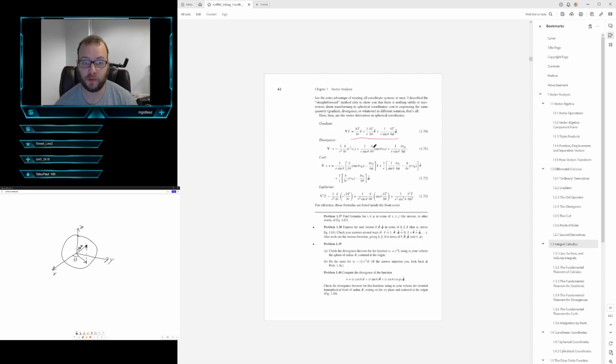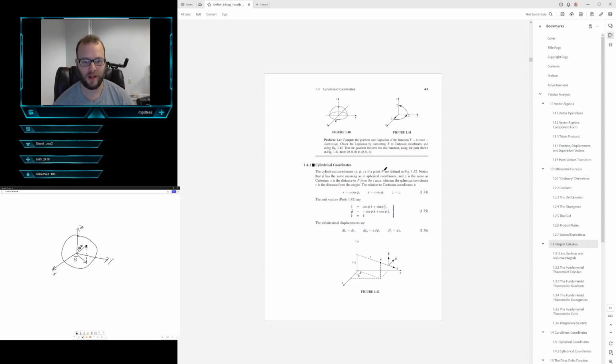Here we have the gradient, the divergence, the curl, and the Laplacian in spherical coordinates. You should never have to remember these. You should always just know how to apply them. Know that I'm in a spherical coordinate system, so I'm going to use my divergence or my curl in that coordinate system. Look it up. Very straightforward.